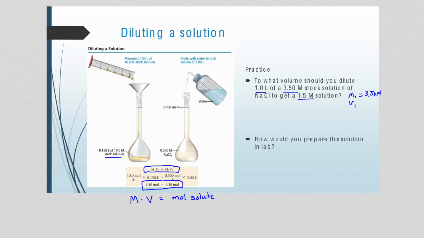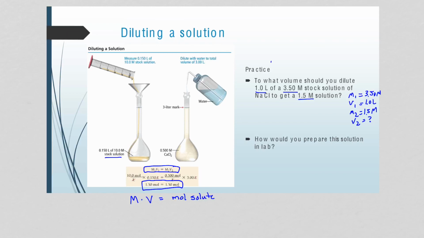And I know my V1 equals 1.0 liters. And I know my M2 equals 1.5 molar. My V2, right, this is what I'm trying to get. That's the volume that we're trying to calculate.